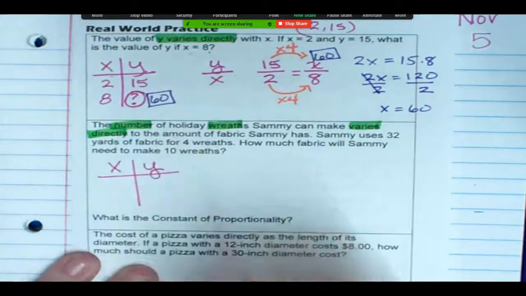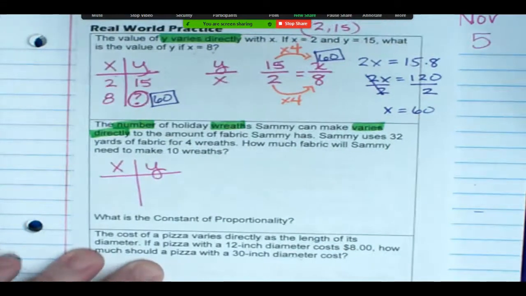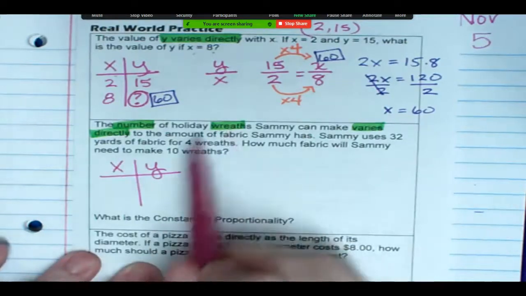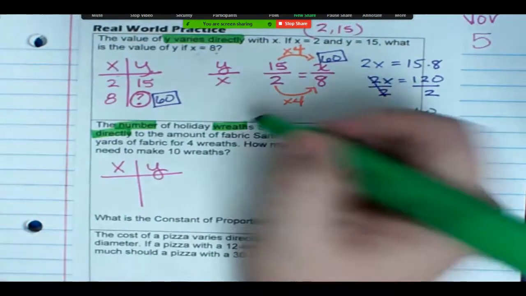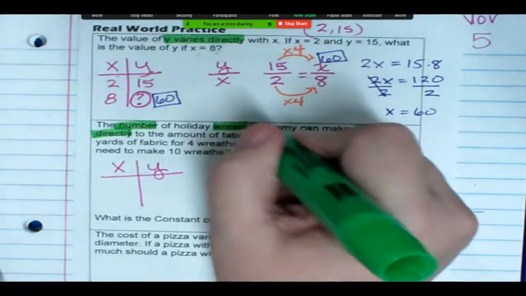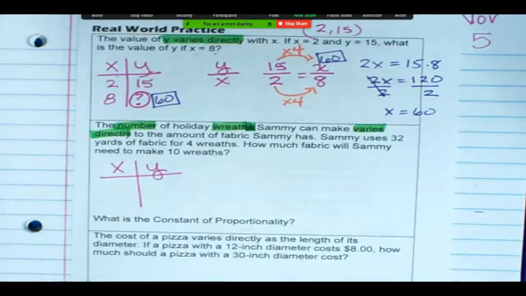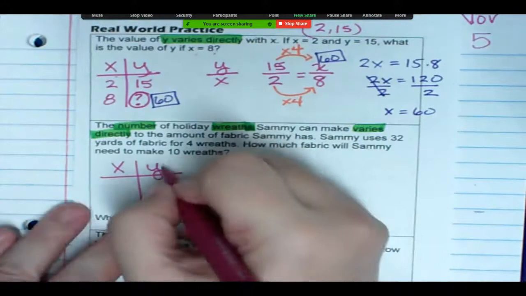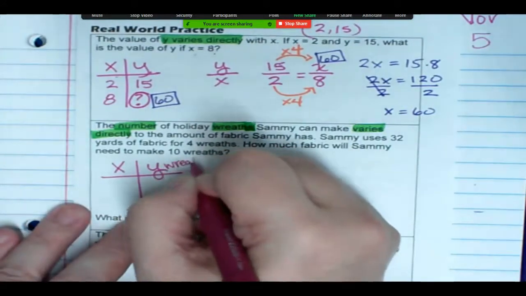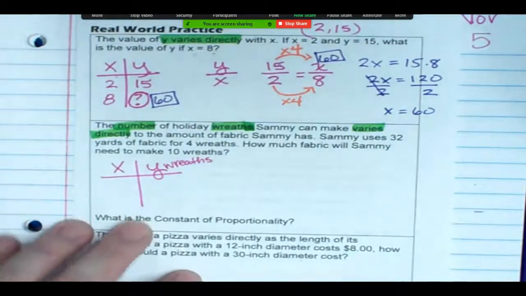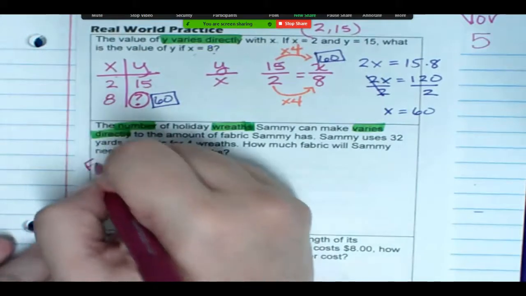X, y. So if I had to put a label on it, because I have to know which numbers go where. Whatever varies, remember the word vary means to change, right? Whatever changes is always your y value. So this would be the number of wreaths. And this would be the amount of fabric.